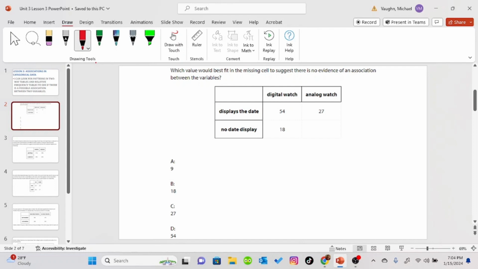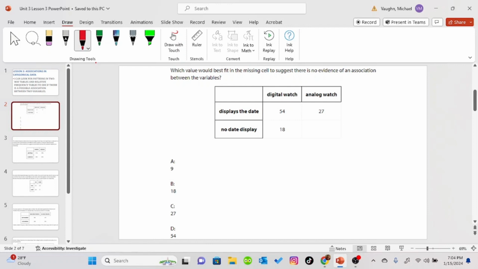If there is an association, then we are saying that one of the variables seems to be linked to the other variable. Depending on what one variable shows, somehow is tied to the outcome of the other variable.